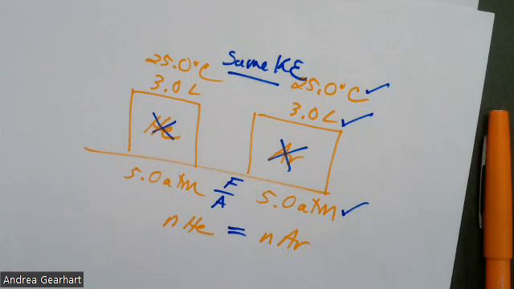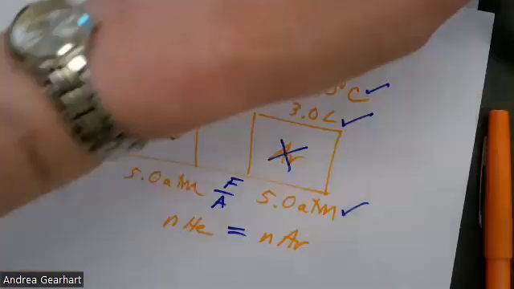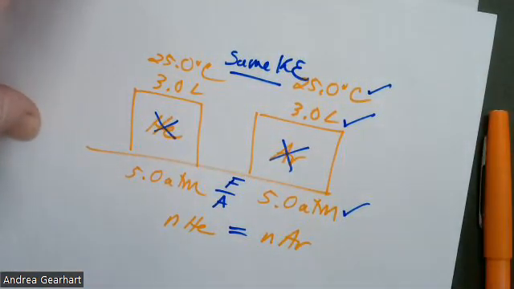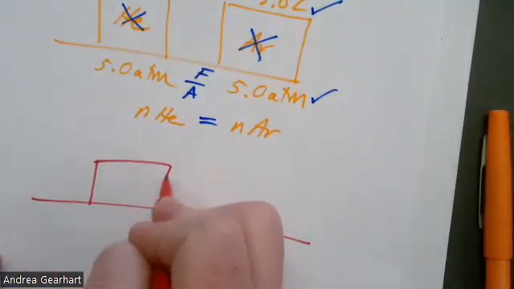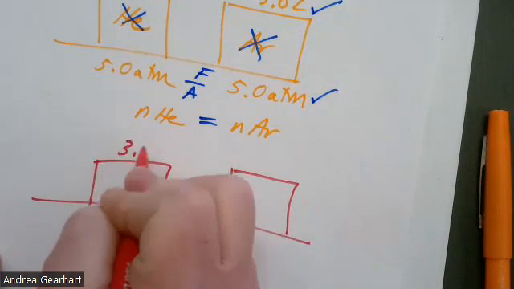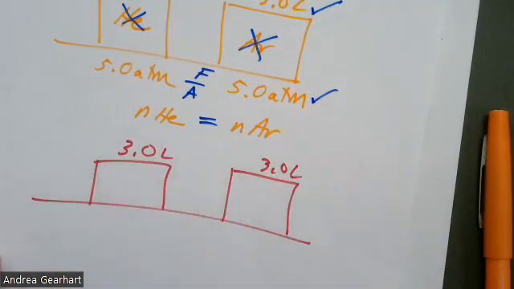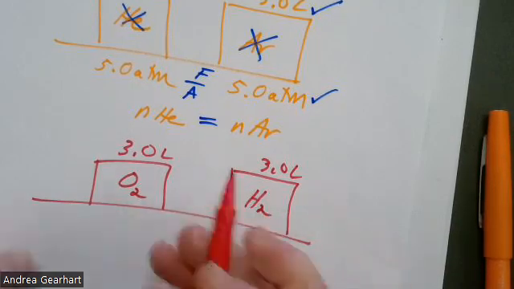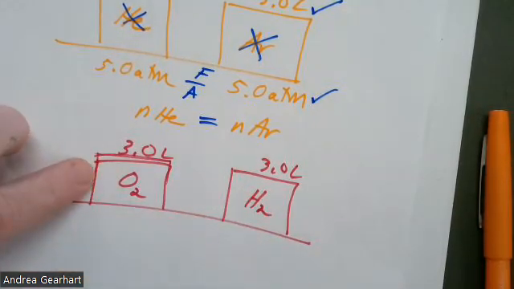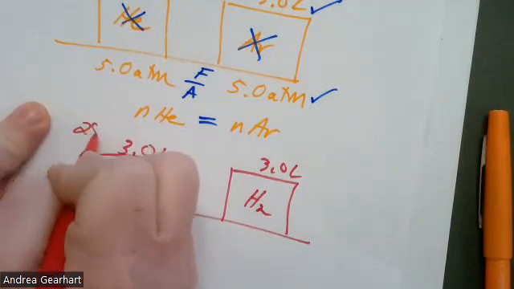Okay. So, Dylan, what if on your lab bench, sir, I have the same 3-liter containers, and I'm just going to tell you there's oxygen in here and there's hydrogen in here. And same temperature.